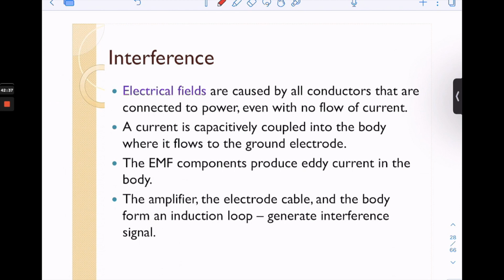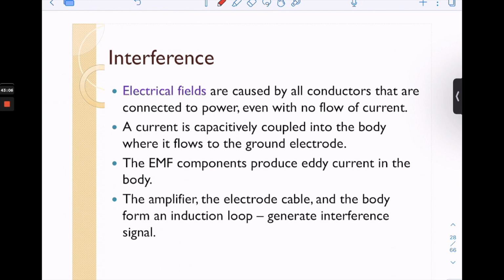So even when there is actually no flow of current into the body, we have a lot of electrical equipment in our surroundings, and the environment itself will create what we call a stray capacitor.